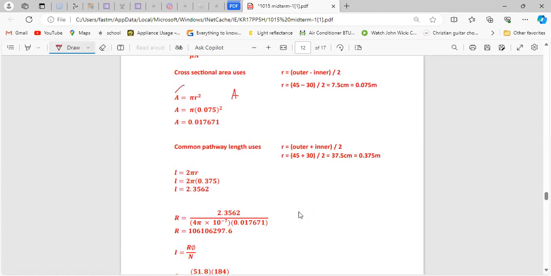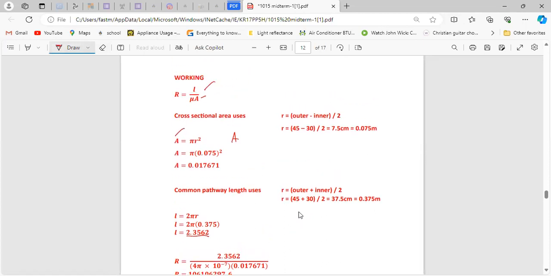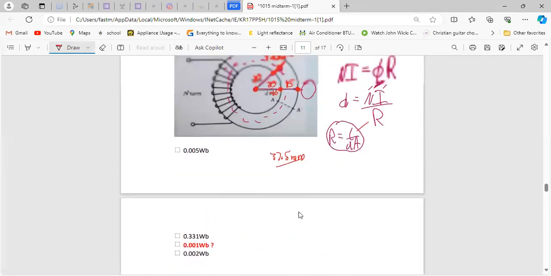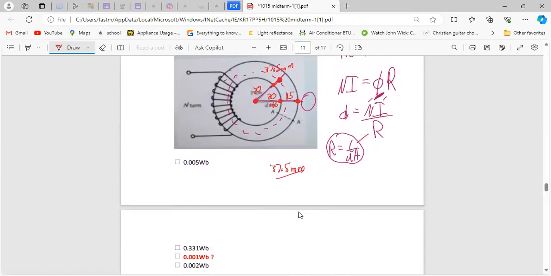So L is 2 pi r, just like I said, and you get your answer. For A, let us go back so I can show you how to get A. This piece is what I want. Since from here to here is 45, this piece here should be 15. So we need r, so we just need half of 15, which is 7.5.